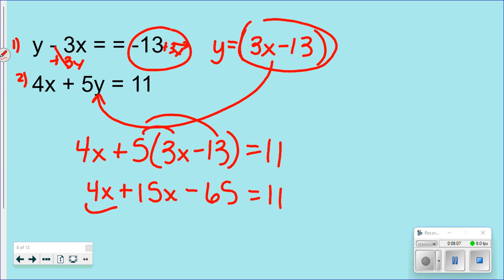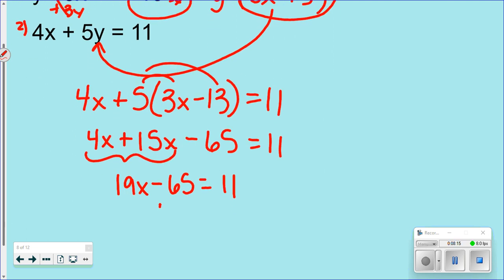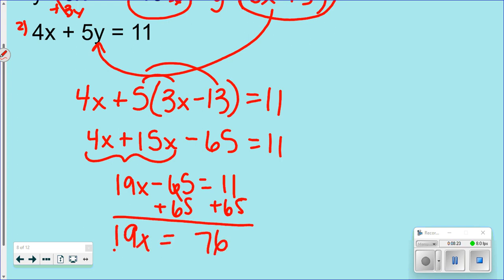And I'm going to combine what I can combine. So this is 19x minus 65 equals 11. It's a two-step equation, plus 65, and I get 19x equals 76. Divide by 19, divide by 19. 76 divided by 19 is 4.